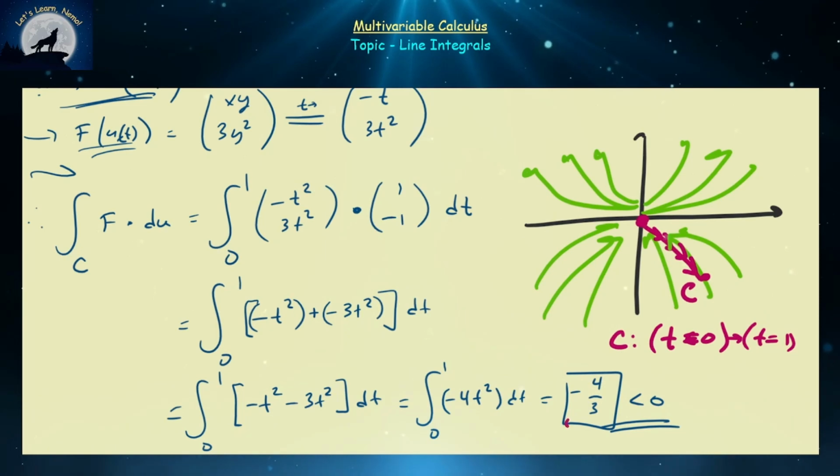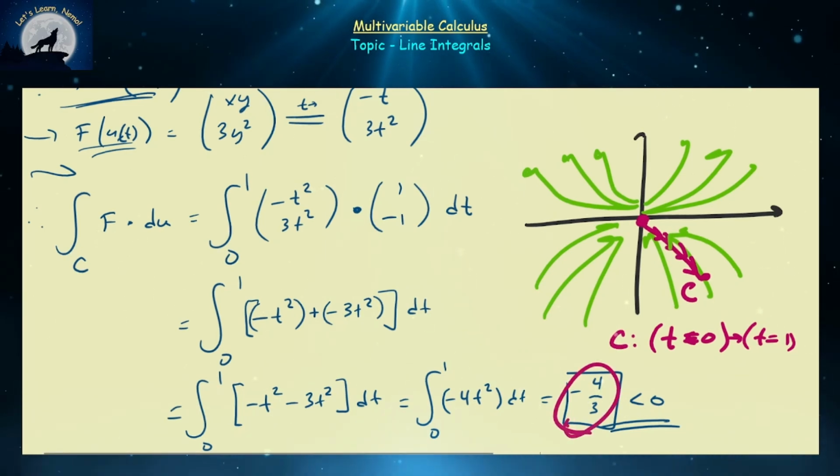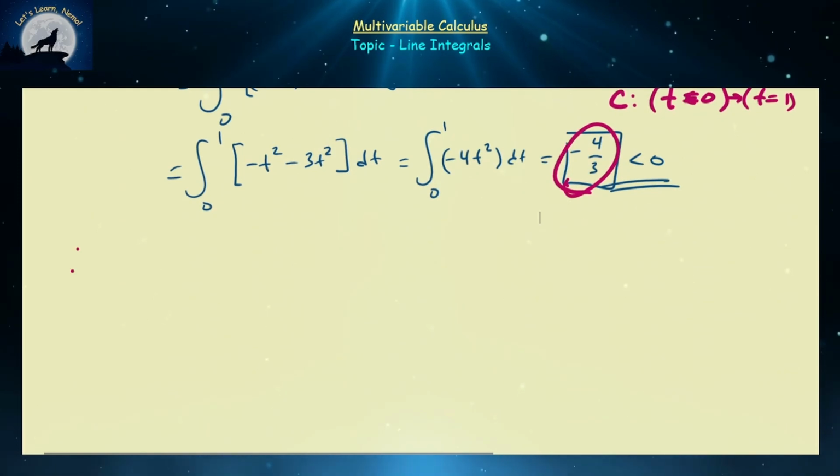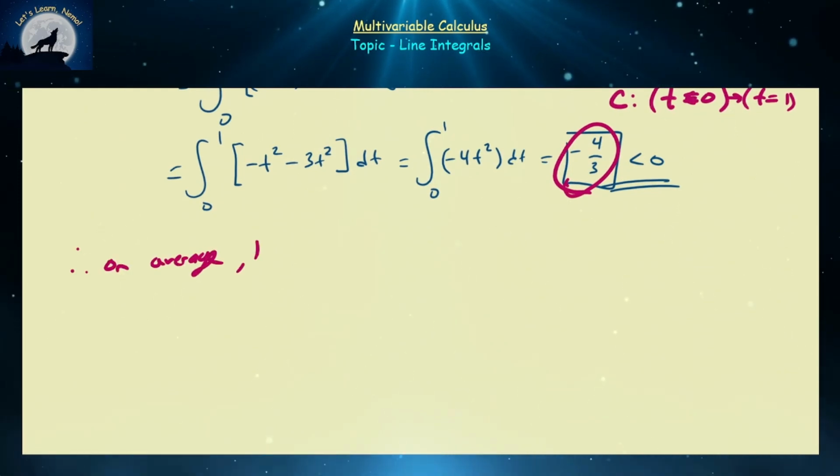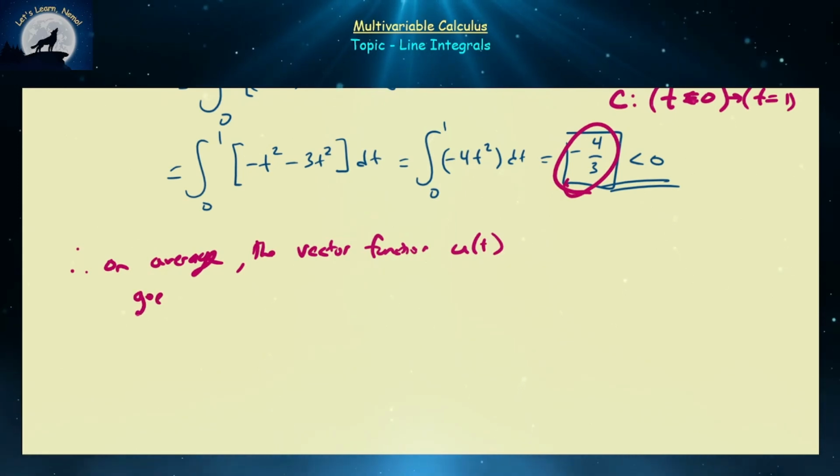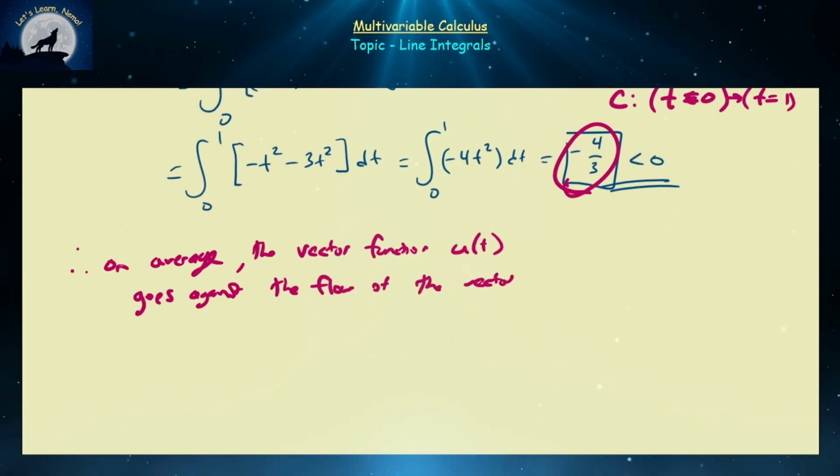So that's pretty much what this negative number represents. So what could we say? That means on average, not necessarily always, the vector function u of t goes against the flow of the vector field F.